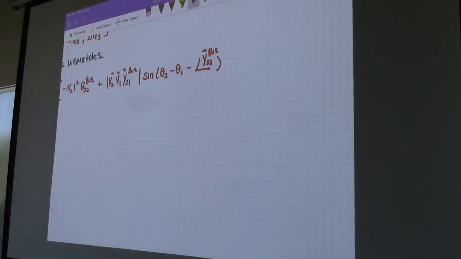Okay, and so this represents line 1 to 2, or 2 to 1, however you want to state it.